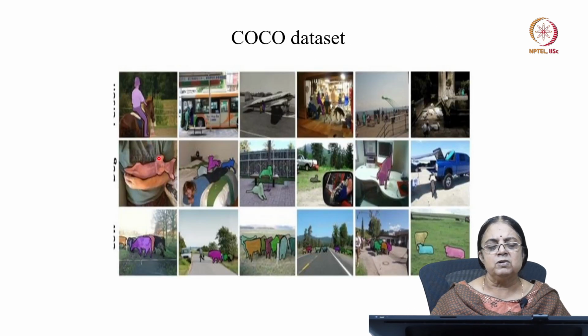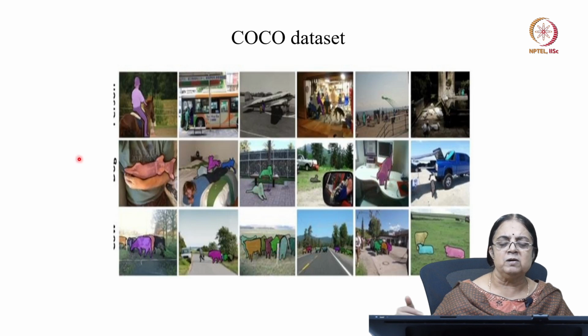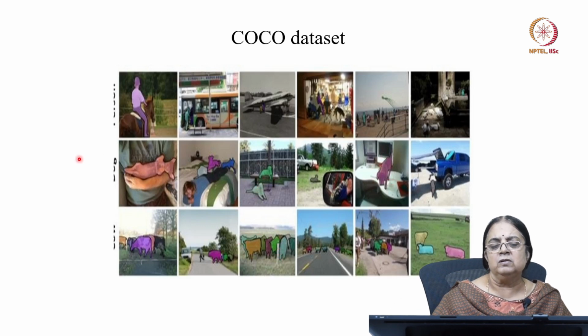If you see this image, each of these has been segmented. Similarly here, the people have been segmented, etc. So everything has some segmentation done to help in checking how well your segmentation is doing.